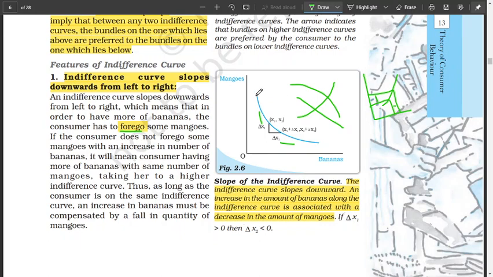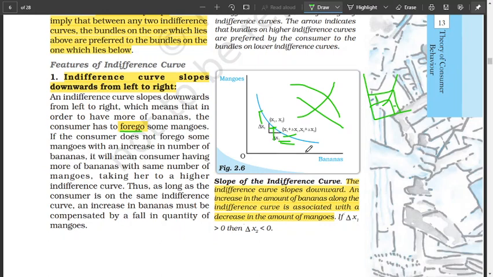Indifference curve has to slope downward from the left to the right, so that you have to forego to get more. You can't get more of both. Any point you move from one point to other downwards, you have to sacrifice to get more.